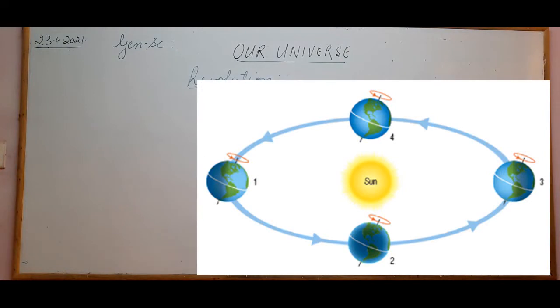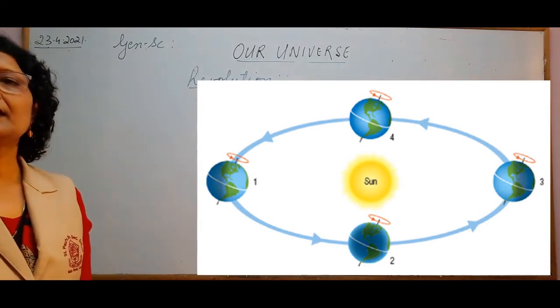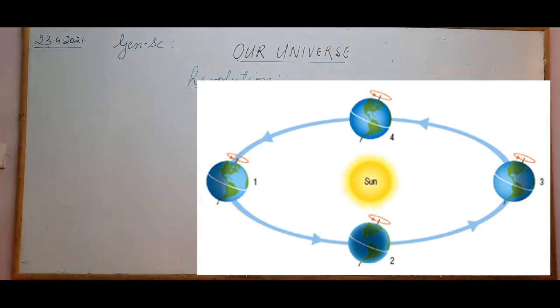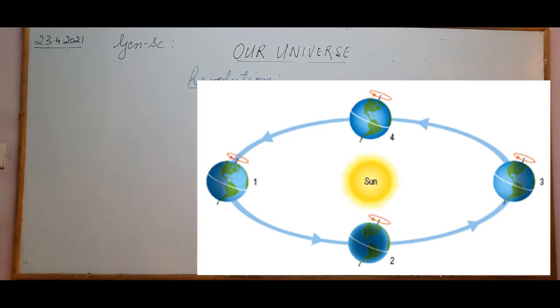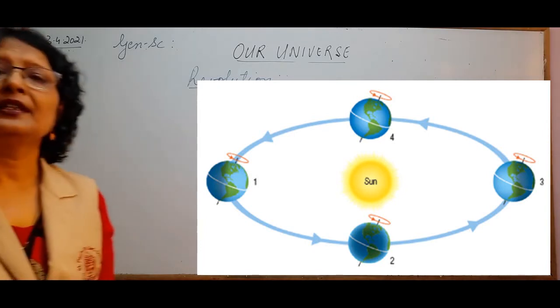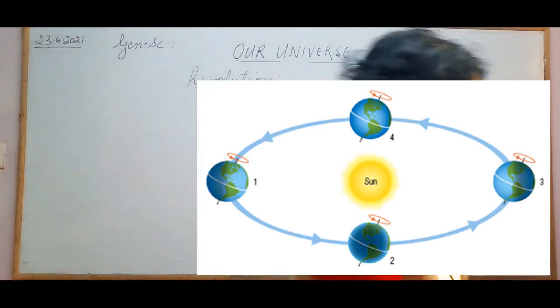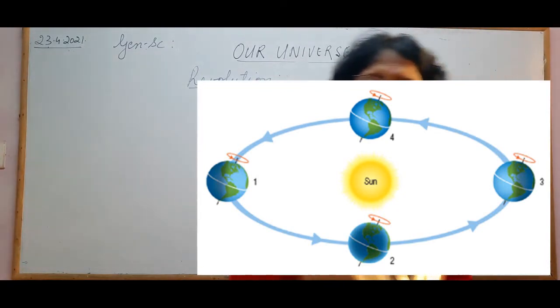The sun is in the center. You can see the earth going around, and it is spinning on its axis also, and it is going around the sun. So this is called revolution of the earth, and it causes season. So children, please revise this.